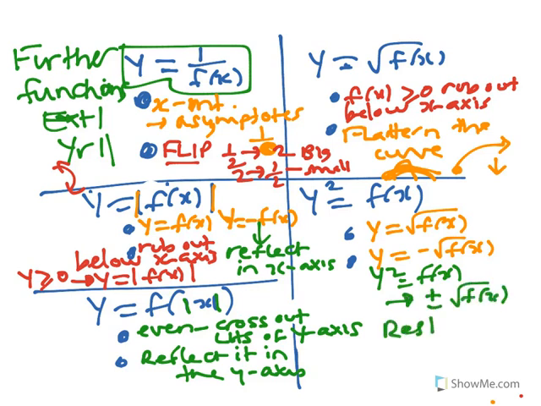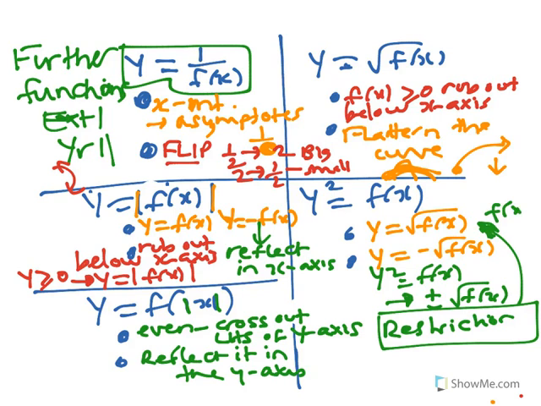But there is a restriction, because the restriction comes from the fact that when you do this, all right, the y equals root f of x, basically the restriction would have been initially when that was greater than or equal to 0.